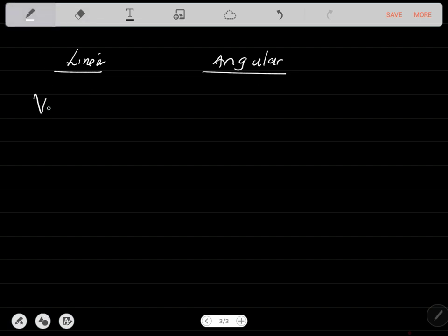We know that v is equal to u plus at. You remember this formula? What about in angular motion or in circular motion? How is it written? Now, velocity in our case will be represented by this. So, this is the final velocity. So here we're going to say the final angular velocity is equal to the initial angular velocity plus, what is our acceleration? Our acceleration is this one, but time remains the same.